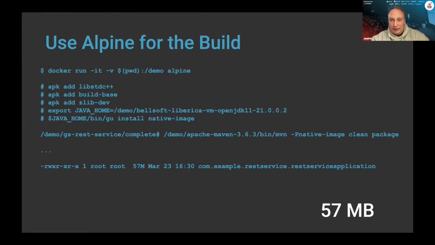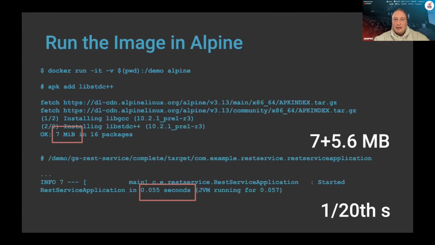So it all works in the Alpine Linux environment, and we get a binary suitable for Alpine Linux. So we can put that Alpine musl compatible binary into an Alpine container. And if you remember, it's 5.6 megabytes only on disk.